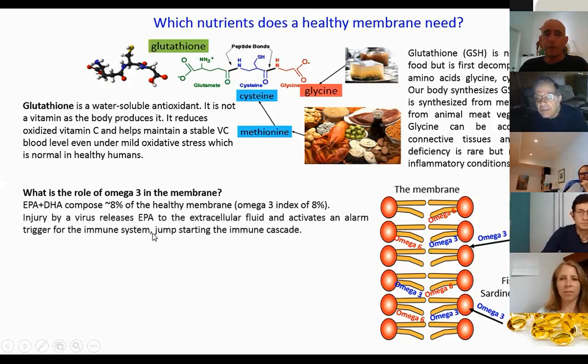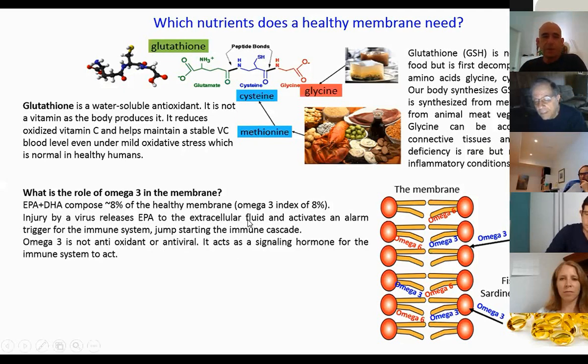And injury by a virus releases EPA to the extracellular fluid and activates an alarm trigger for the immune system, jump-starting the immune cascade. If you remember, when you release EPA, it is converted by COX and LOX enzymes into local hormones, which are eicosanoid hormones of the omega-3 family, and they start a cascade that ends up with inflammation, which is a positive thing.